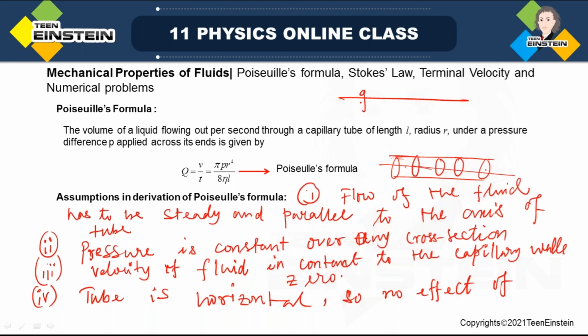Okay, in the horizontal line everywhere g is the same, but if we go vertically g may vary, though within the limit of lower height from the center of the earth.